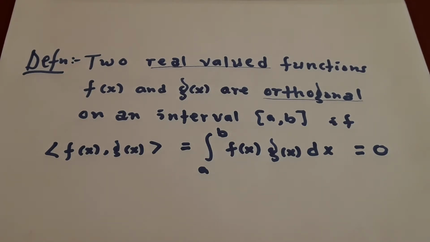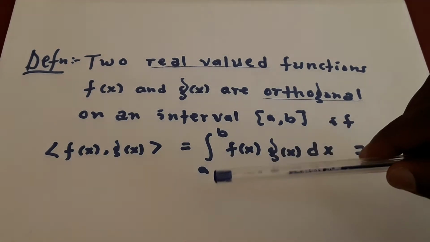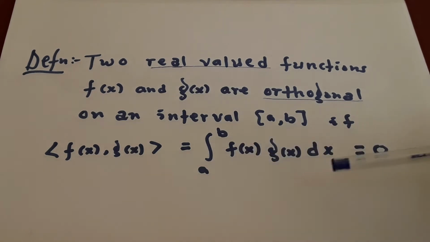Whichever f and g you have, we can define the inner product as the integral of the product of f and g, and if this is 0, then we call f and g orthogonal. It's pretty easy to understand: make the integration over the given interval AB, adopting the techniques of integration, then assign the specific values at x equals b and x equals a.